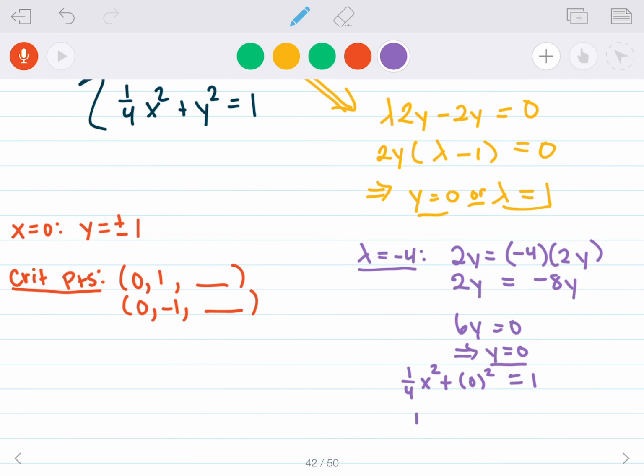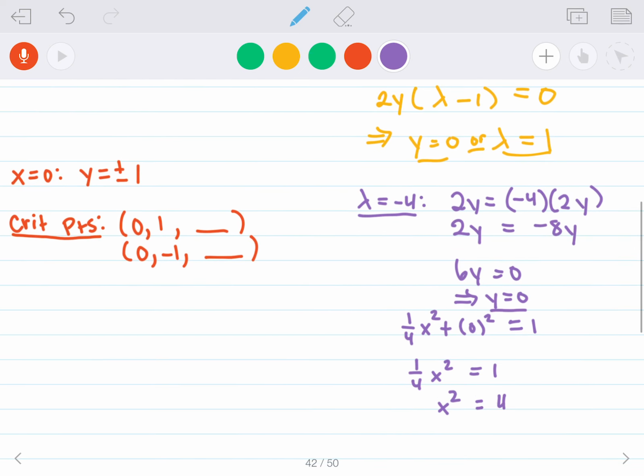And I get a fourth x squared is equal to 1. Let's multiply 4 on both sides to get x squared is equal to 4. And finally, taking the square root of both sides, I get x is equal to plus or minus 2. So that tells me when y is 0, x is going to be plus or minus 2. So that's some other critical points here.